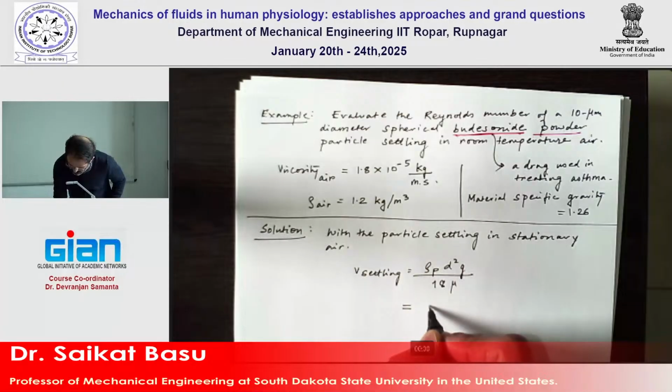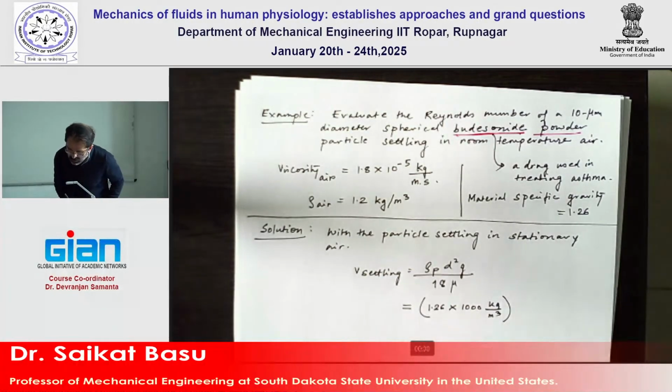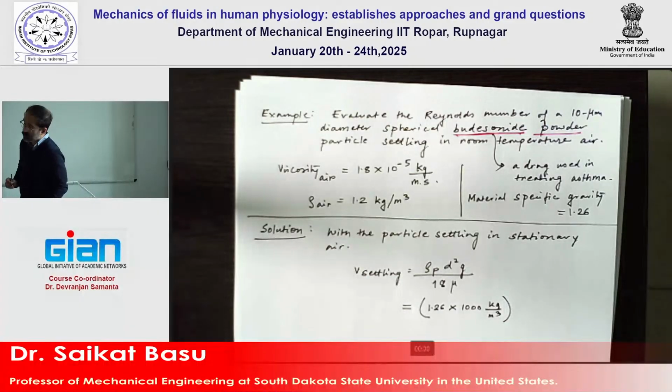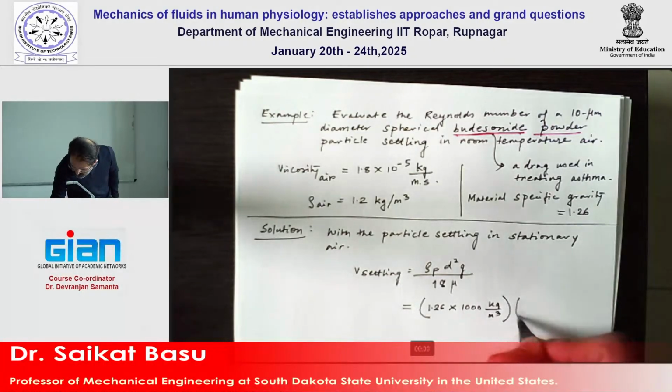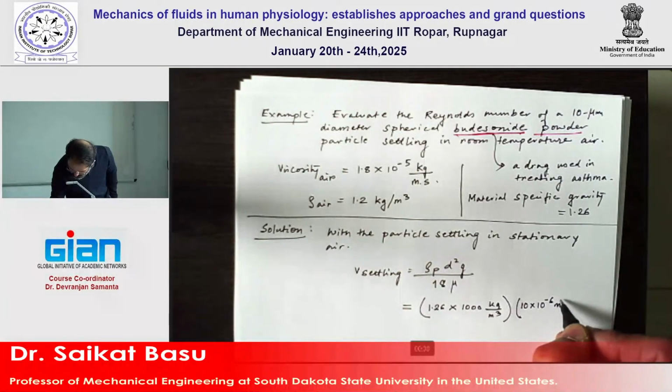The rho P is 1.26 times 1000 kg per cubic meter. The d is given as 10 micron, so 10 times 10 to the power of minus 6 meter, squared.